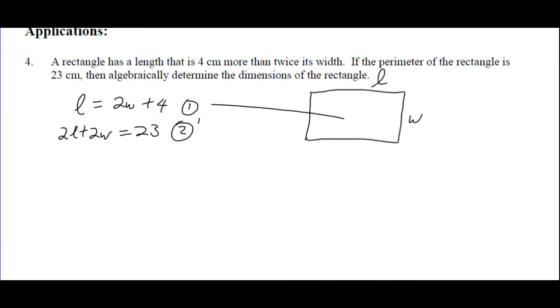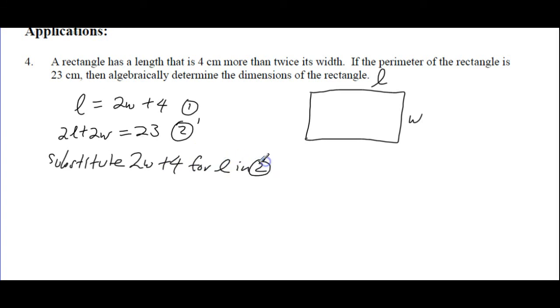I've defined my variables, right, simply by drawing a diagram and saying here's the width, here's the length. I've developed my system of equations. I'm now going to substitute 2W plus 4 for L in equation 2, right?